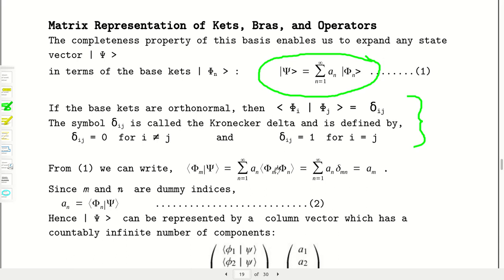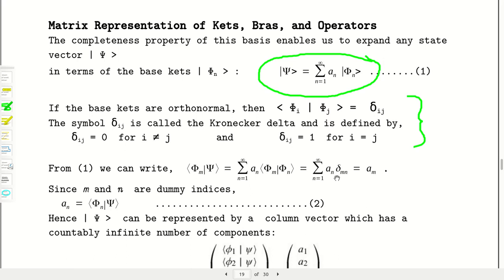Now use the orthonormality property, delta mn in place of this. When m and n are equal, the term survives, otherwise it will be 0. There are an infinite number of terms in the sum, but except for m equal to n, all the terms will be 0.